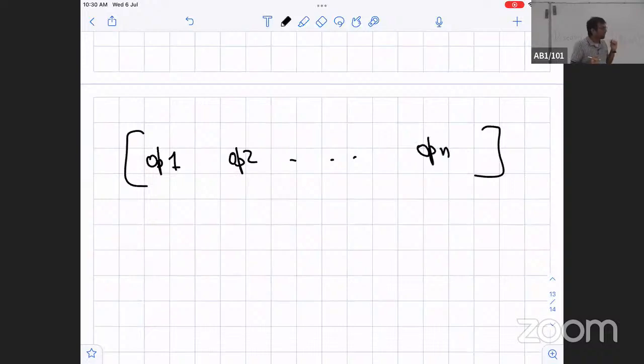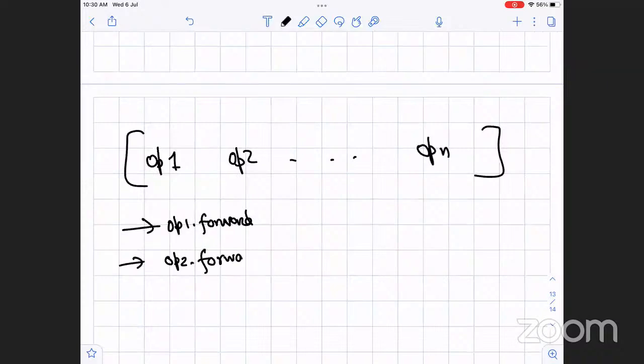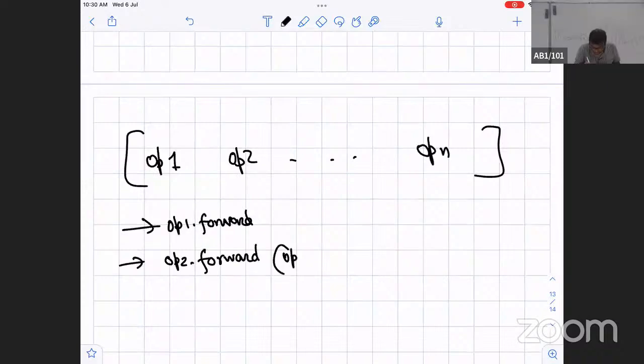In the forward pass, you pass it through op1.forward, and that output you give to op2.forward, like that. You just chain them together, and when you do reverse, you do the opposite thing, and that way you get the gradient, do eta times that, and continue till convergence. That is the whole back propagation.